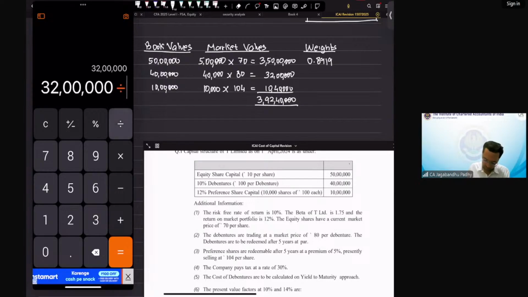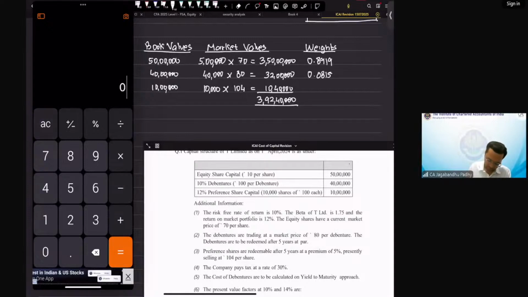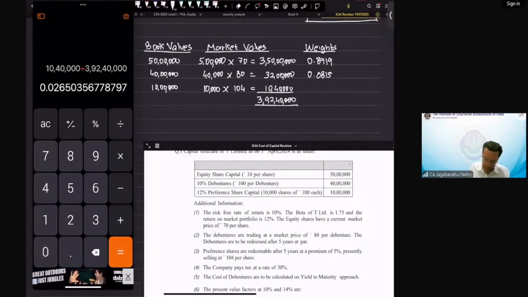32 lakh divided by 3 crore 92 lakh 40,000 is 0.0819. Then 10 lakh 40,000 divided by 3 crore 92 lakh 40,000 is 0.0265.